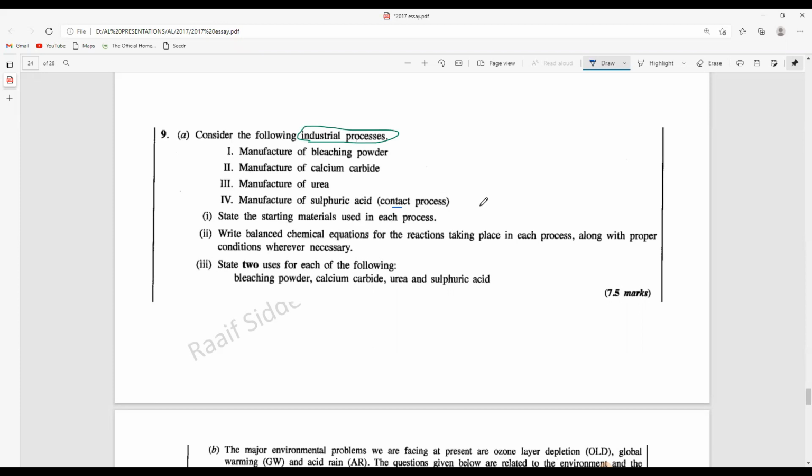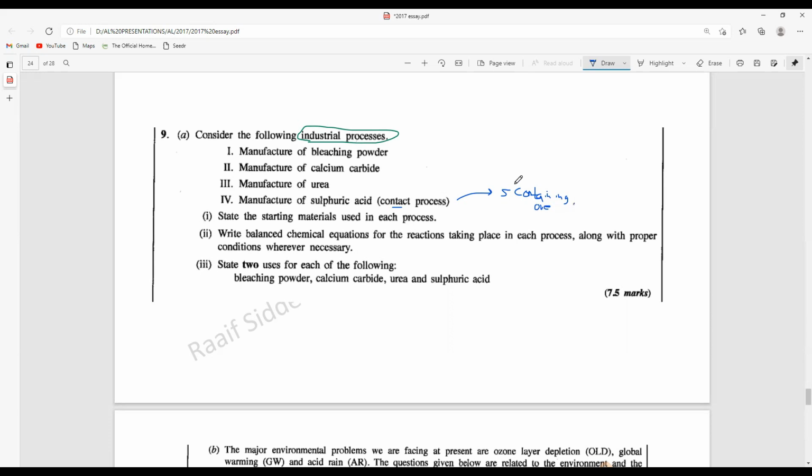For sulfuric acid, there should be a sulfur containing ore. So you can write down sulfur or sulfur containing ore is necessary. And what else do you need?